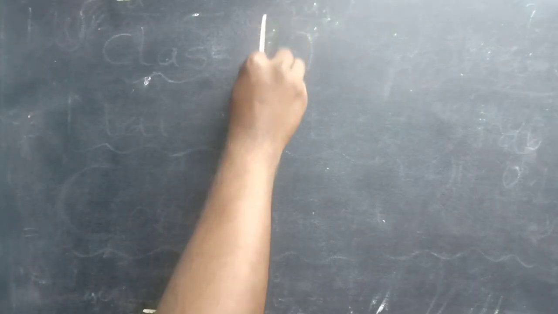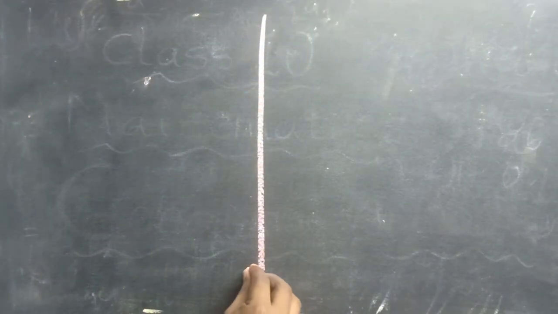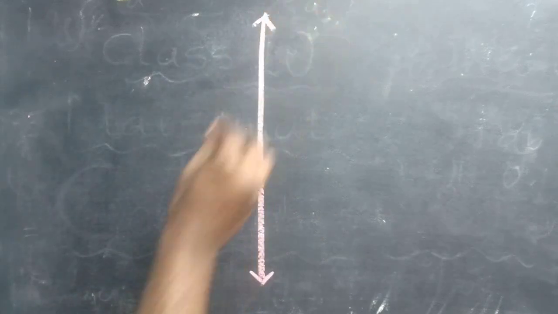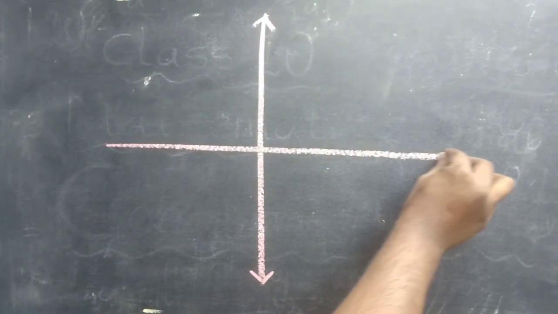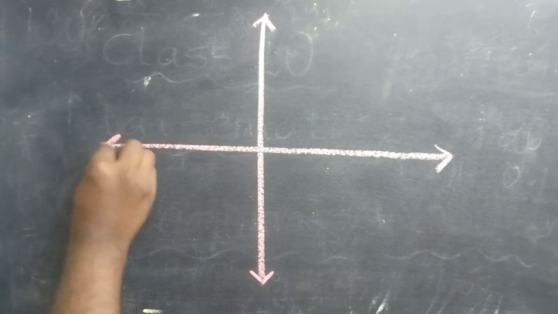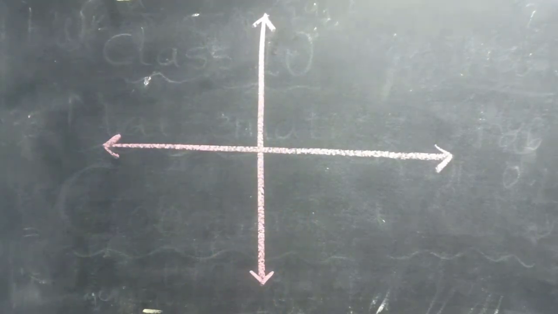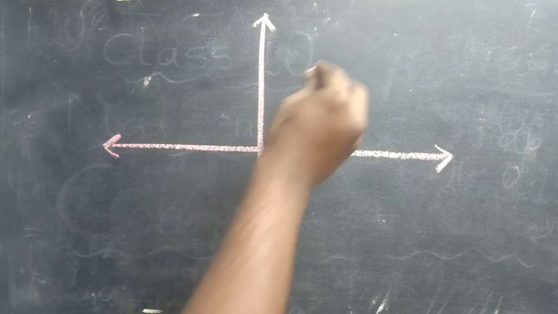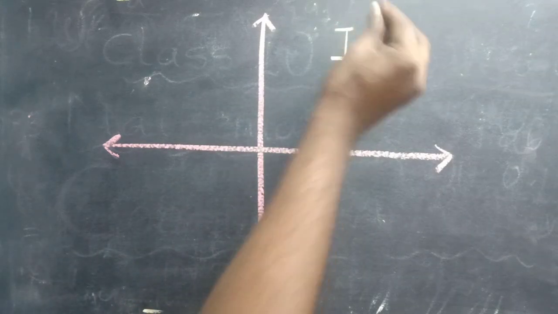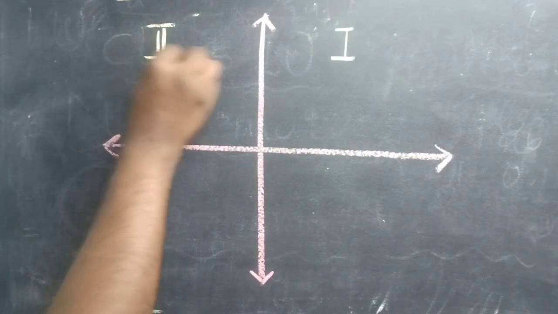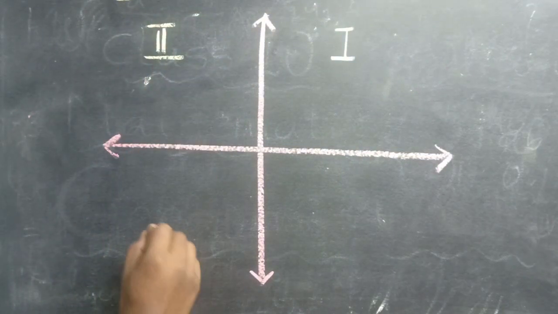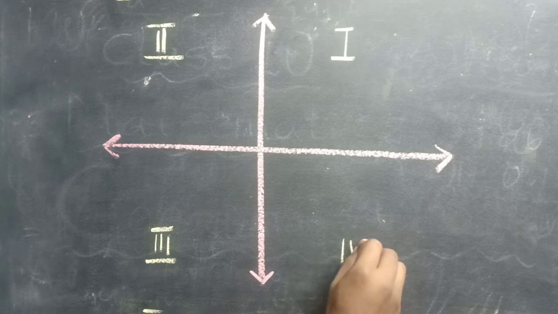In the 9th standard, we have learnt the plane. The plane is divided into 4 quadrants. We call them the first quadrant, second quadrant, third quadrant and fourth quadrant.